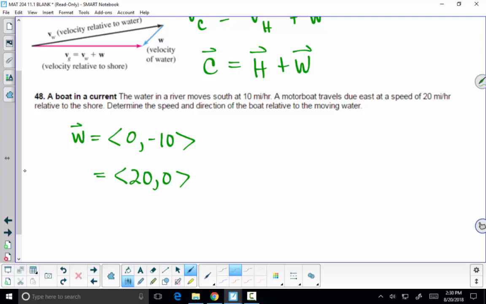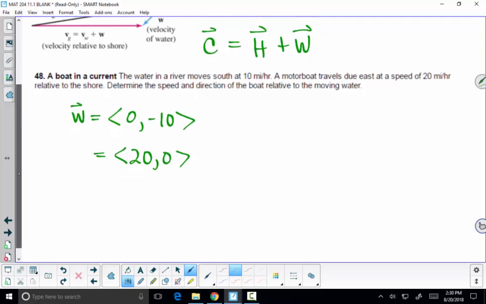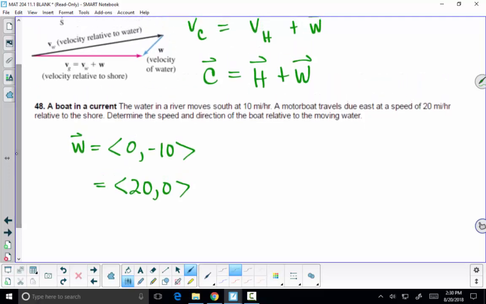Okay, so we need to decide whether this is going to be our course or our heading. Which should it be? The motorboat travels due east at a speed of 20 relative to the shore. So if you imagine the shore, it's ending up, right? It's relative to the shore. It's ending up at 20 miles per hour relative to the shore.